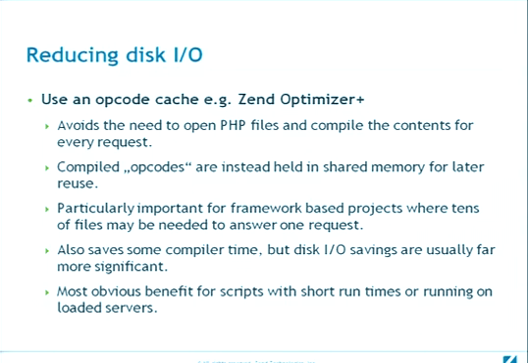Use an opcode cache. Everything is then held in shared memory, and things tend to go a lot quicker, especially if you're working under Windows. Windows has a relatively hard time working with disk I/O. Linux is a little bit more sophisticated, but it still, of course, could do with not having to repeatedly load files.